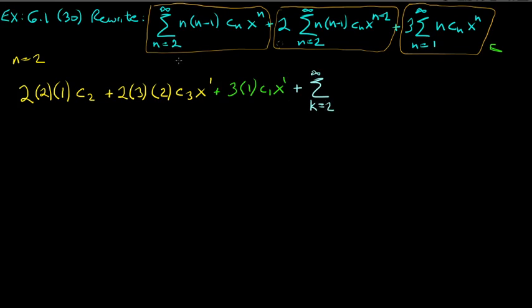If k is going from 2 to infinity, notice that in the first series, n is equal to k. It's the same thing. And I'm going to run out of space very quickly here, but this is still k times k minus 1, times ck times x to the k, and that's just from the first term.